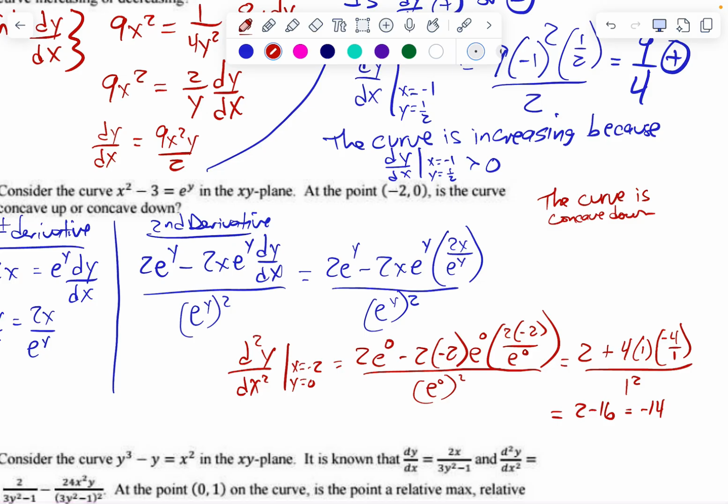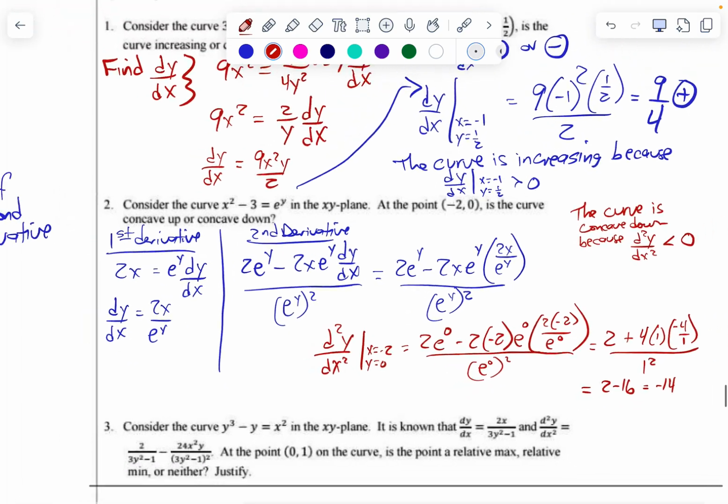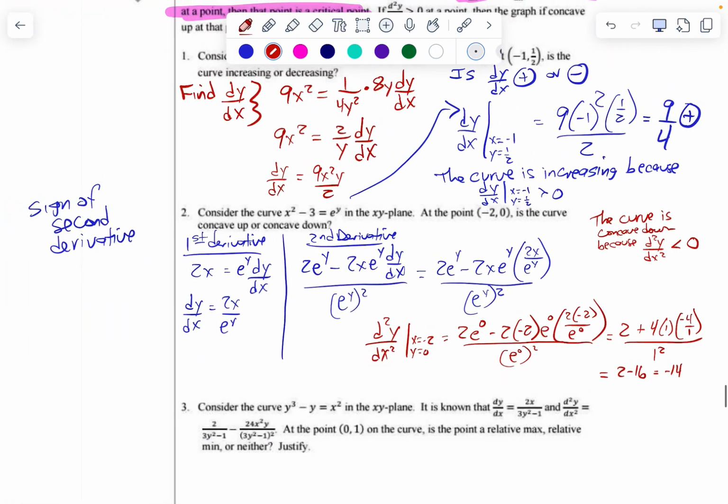Okay, the curve is concave down because why? Yeah, good. Now, we said at the beginning that the first derivative had to be 0, but for concavity it doesn't have to.